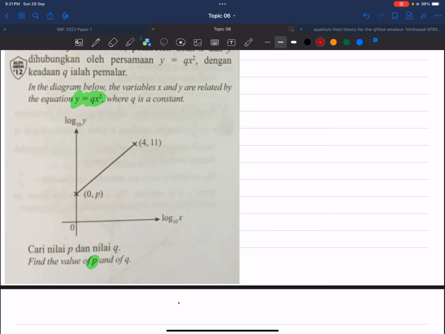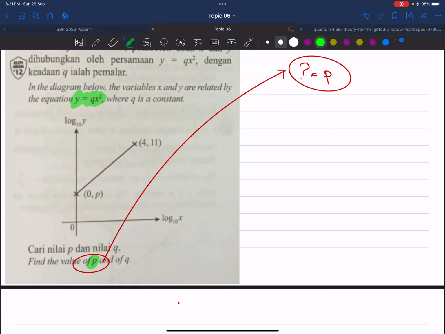So the question is asking p. I am going to start with p. They are asking p. We put a question mark. P. As usual, step 2, start from what they ask. They are asking p. I shall go to the p, which is the y coordinate of a point.